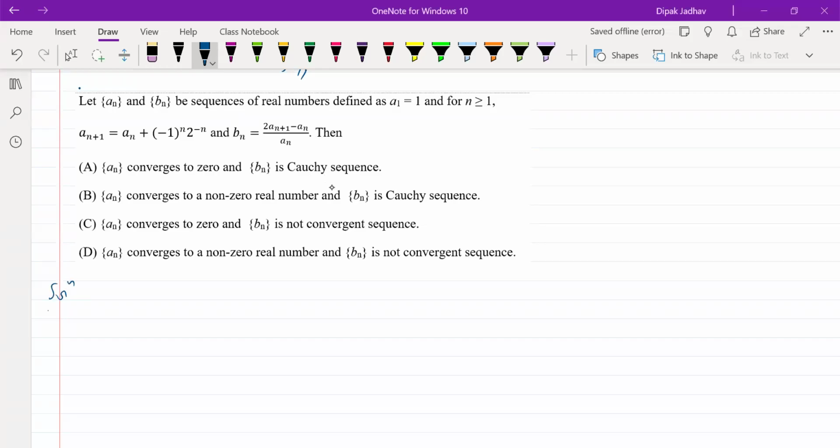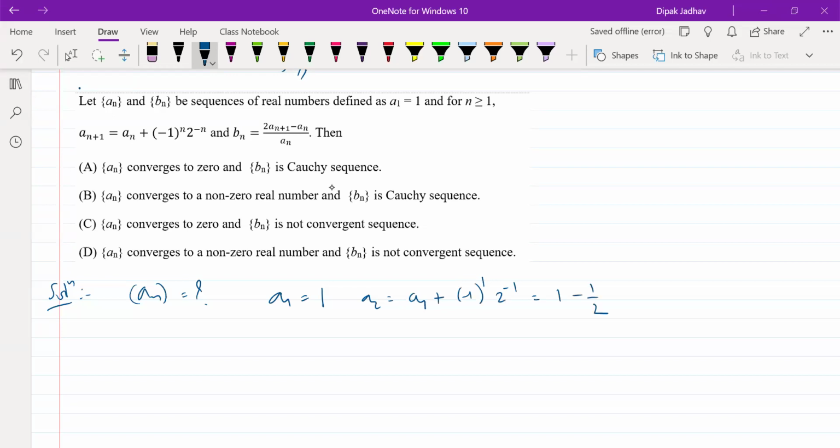Let us figure out what is An. What is A1? A1 is 1. What is A2? A2 is A1 plus minus 1 raised to 1, 2 raised to minus 1. That is 1 minus 1 by 2.